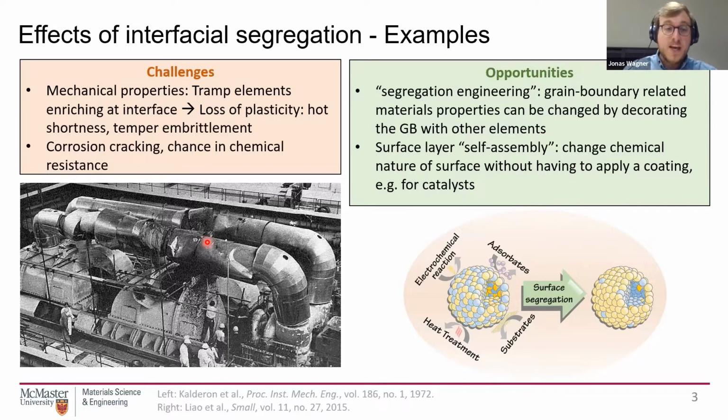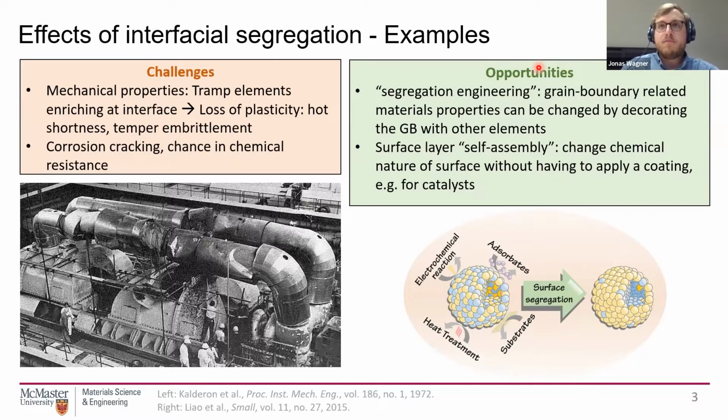But where there are challenges, there are opportunities. We can use those segregation phenomena to change basically all, or there's a potential to change basically all material properties that are related to interfaces by so-called segregation engineering.